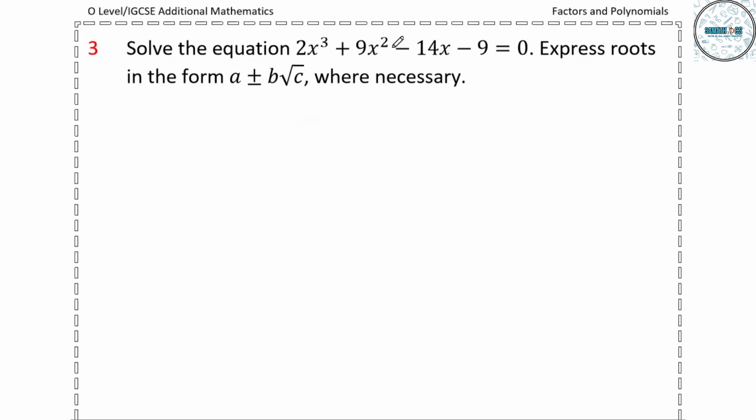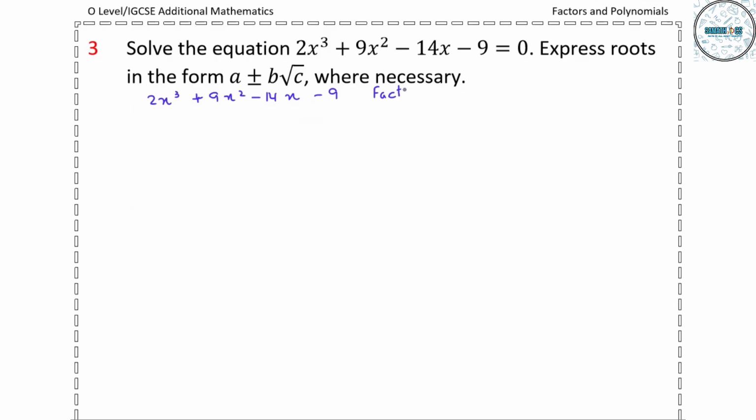So first of all, we will factorize the expression 2x cubed plus 9x squared minus 14x minus 9. To factorize this, first of all, we will find out the first factor by trial and error method. In this case, we have 2, the coefficient of x cubed, and minus 9 here.